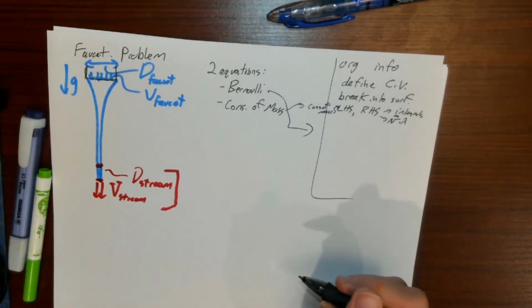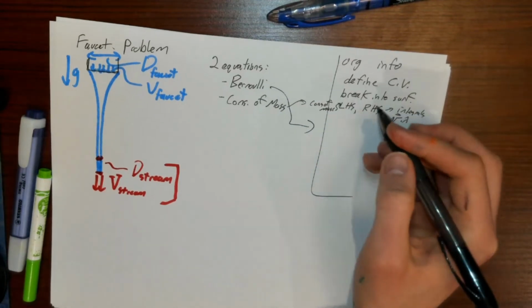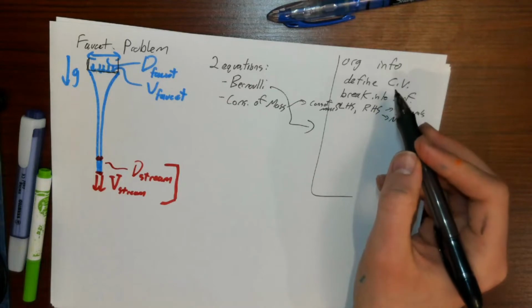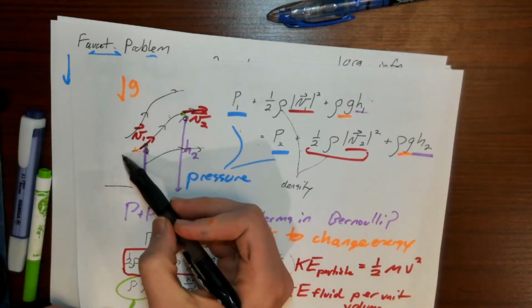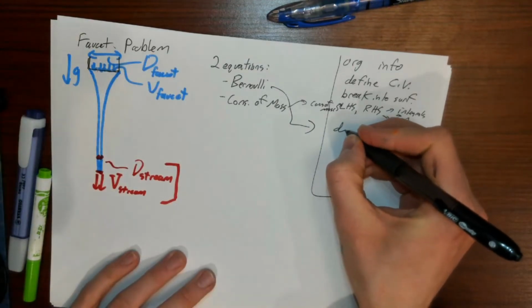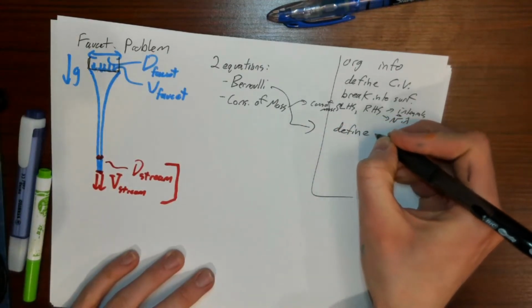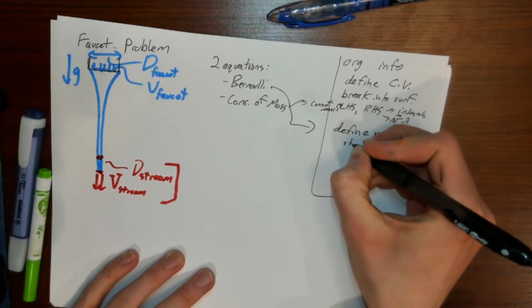Then we're going to do Bernoulli. And if we have Bernoulli, instead of defining a control volume for Bernoulli, remember, Bernoulli was defined for a streamline to relate 2 points on a streamline. So for Bernoulli, we're going to define points and our streamline.